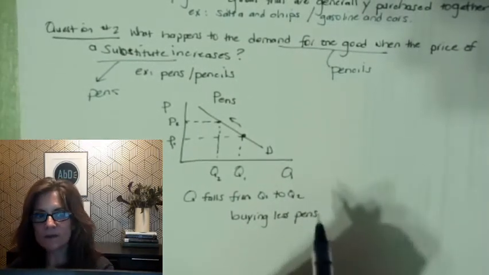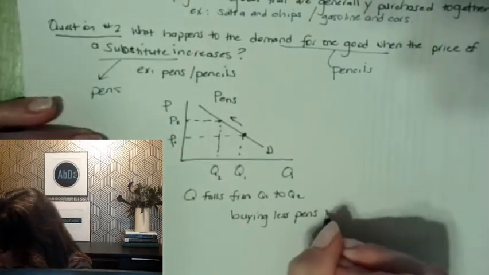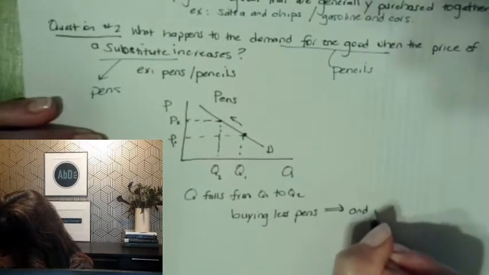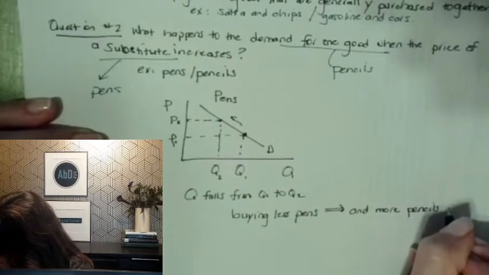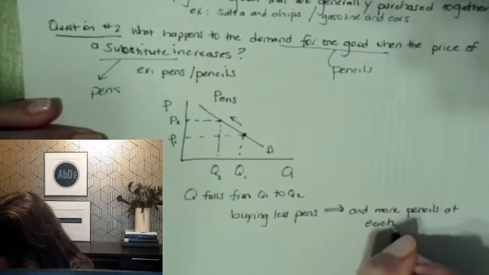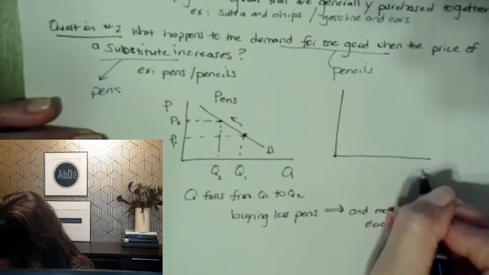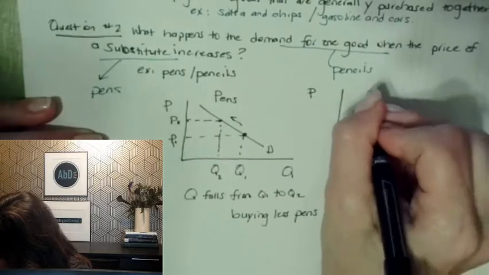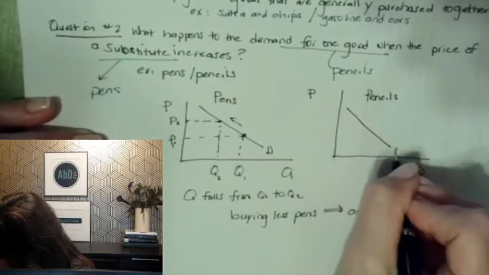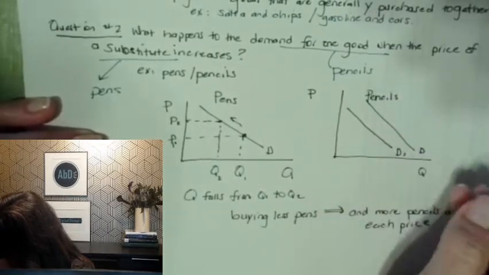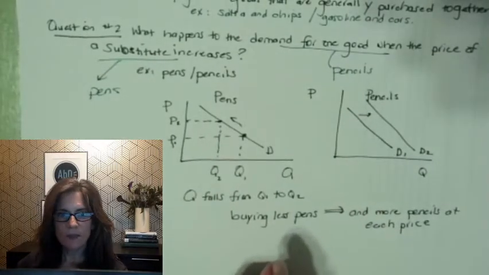And because we substitute pencils for pens, this means if we're buying less pens, we're buying more pencils at any given price. So that means that we see an increase in demand in the pencil market.